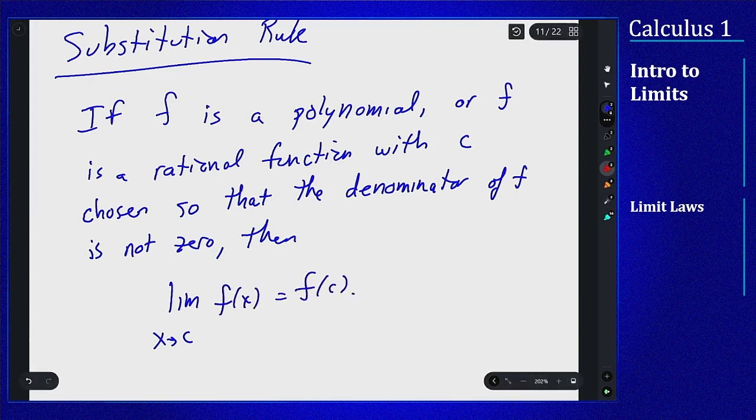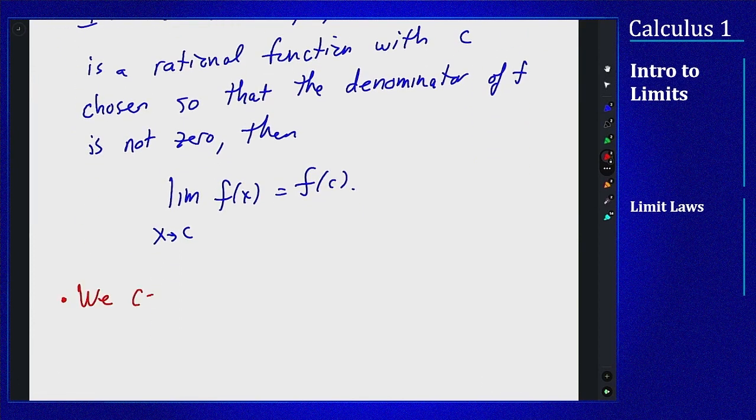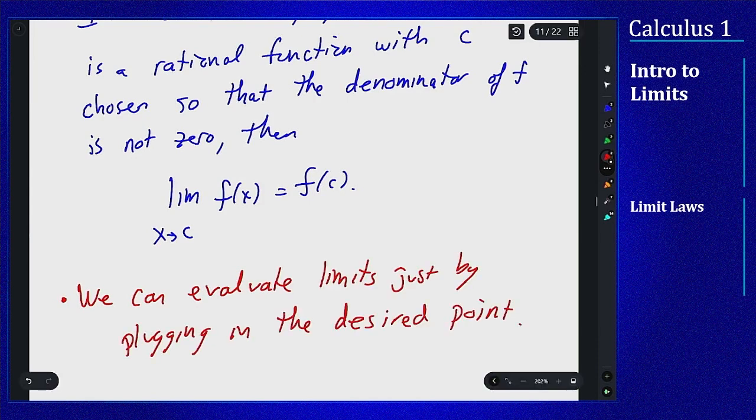And the key point here is for these particular kinds of functions, we can evaluate limits just by plugging in the desired point. Now, these obviously are not the kinds of functions where it will be not defined at that point like our earlier examples, and so in those cases we need another trick to make that work.